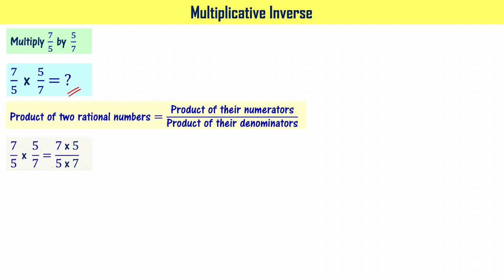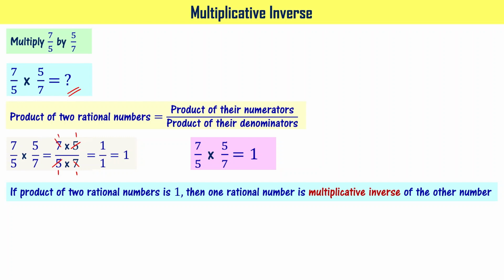If you see, I can cross these two and I can cross these two also. It means in all the cases I have 1s. 1 times 1 divided by 1 times 1 is equal to 1 by 1, which is equal to 1. As you see here, 7 by 5 times 5 by 7 is equal to 1, right?